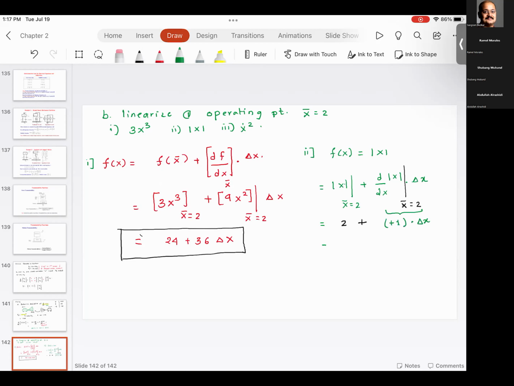So the linearization is going to be 2 plus delta x. Are you with me so far?